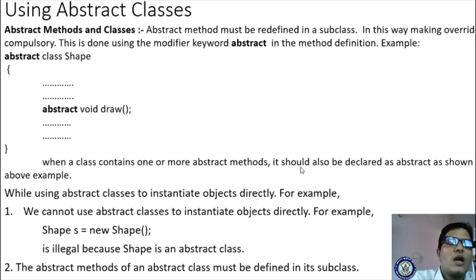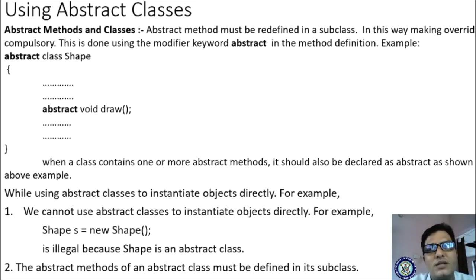Okay, so now we are moving to another concept, abstract methods and abstract classes. Sometimes if you want to force overriding of methods, then in your class you should define an abstract method, to be implemented in the subclasses.